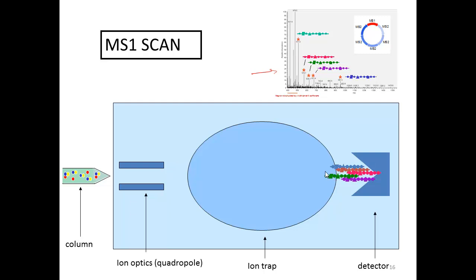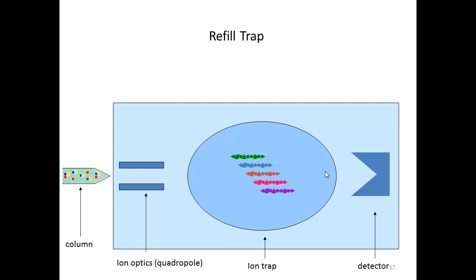So 100 or 200 milliseconds have elapsed. We're still eluting material from the column, and the assumption is that over the course of those 100 milliseconds nothing has changed, so the ions in the ion trap are the same as those that just went into the MS1 detector.